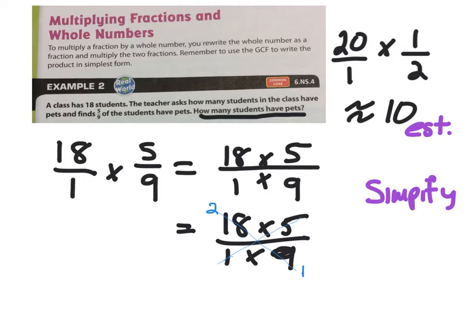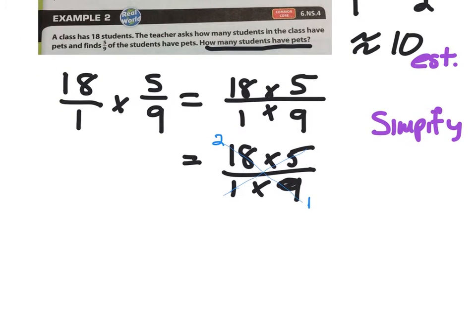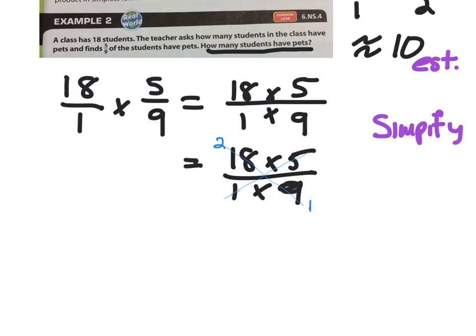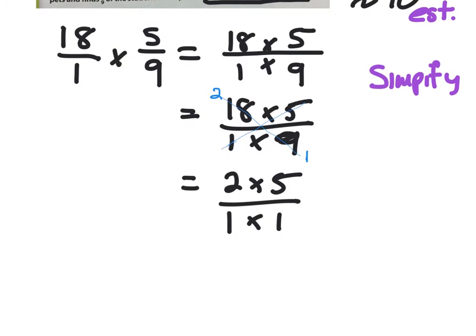Okay, so we can rewrite this as 2 times 5 and 1 times 1, which actually is pretty easy. Let's move this up again a little bit.